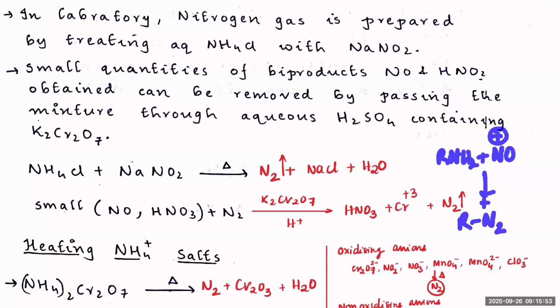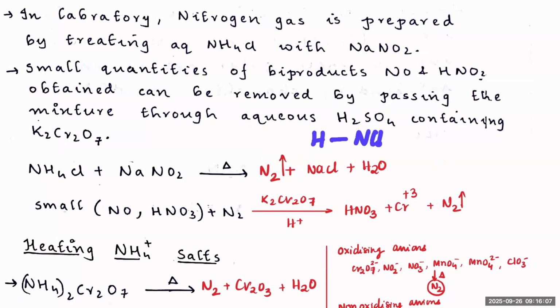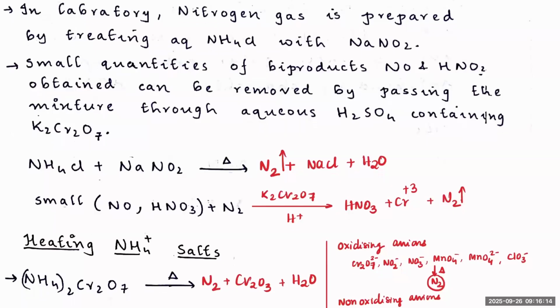RN2 plus. And this is unstable, so you will get this as R plus N2, isn't it? You could imagine the same way here also, as if N2 is coming out. Instead of R, it is only hydrogen. So it is hydrogen like this, NH2, and this NH2 is converting into that NO group.